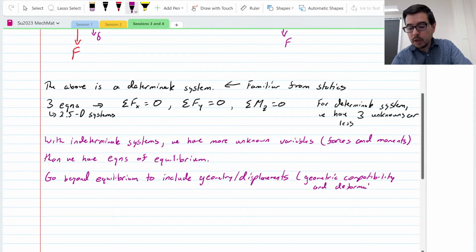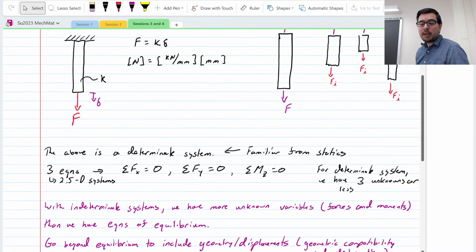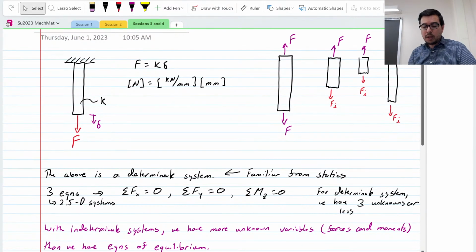What you'll see even today in this new topic is that we take information from deformation, near the end of session 3, and use that to help us figure out what an unknown force is.